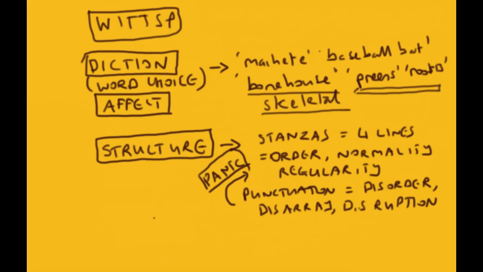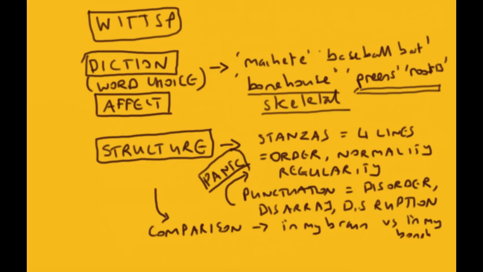And I think just sort of extending that a little bit, there's a fair amount of comparison going on in the poem. If you consider in my brain versus in my bone house, for example, 2 different things.